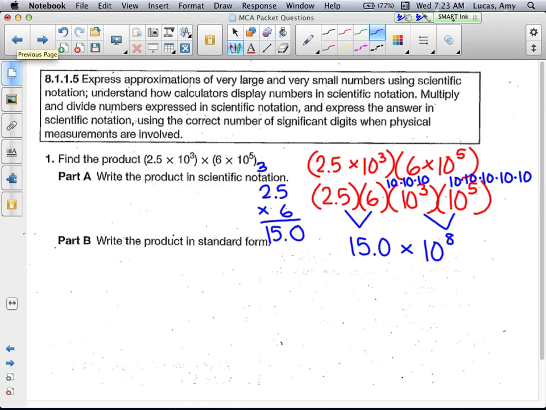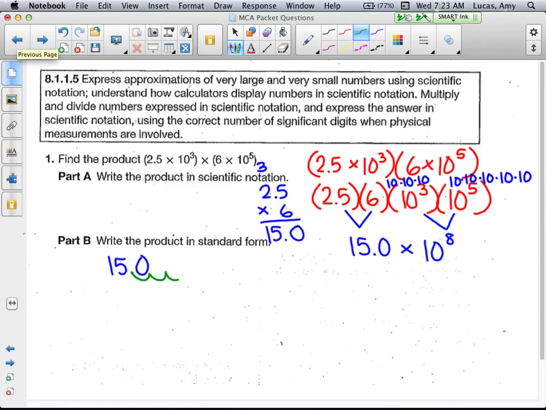Now, the problem is my answer right now is not in scientific notation. It's not, because the decimal point is not in the correct spot. So I am going to take this decimal, it was times 10 to the 8th power, so I'm going to go to standard form first.